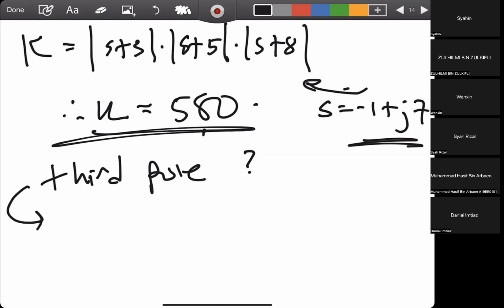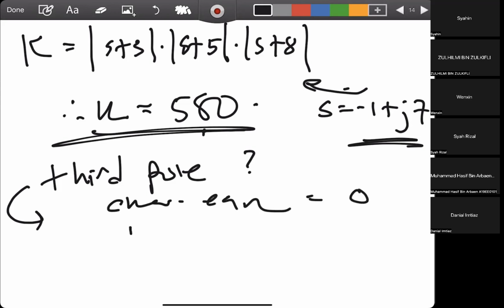How do you calculate the third pole? It is in the notes, same idea. The characteristic equation equals 0 and we find the poles.